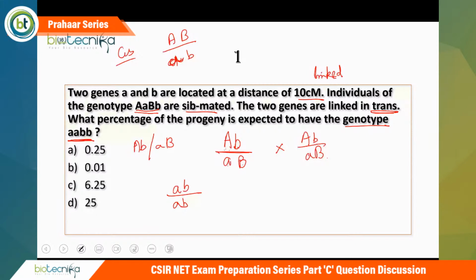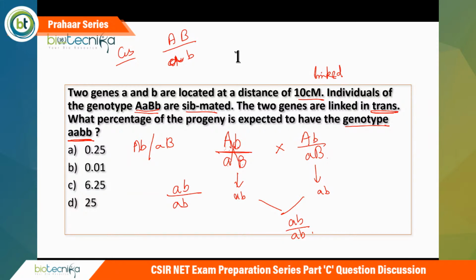How can you get it like this? When you get a small a, small b chromosome from this parent and a small a, small b chromosome from this parent, and they fuse together, only then can you get an individual of this genotype. From here, this is possible only when crossing over occurs here.